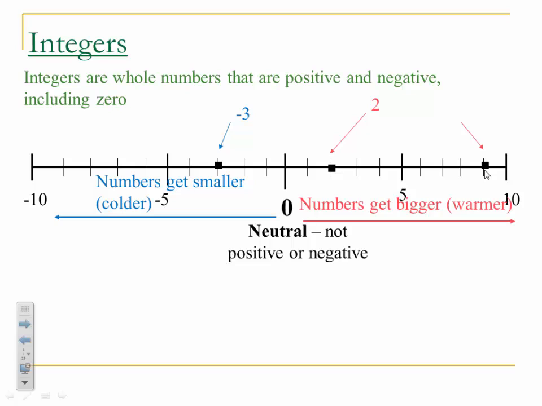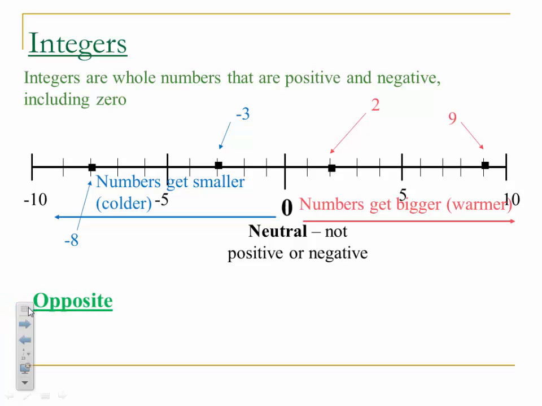Over here, do the same. +9. Pretty simple. And finally, back over to the negative side, -8. So just a few examples of what these numbers might be. Remember, they are whole numbers, so we're not talking about decimals or fractions. They can be positive, they can be negative, they can be 0.